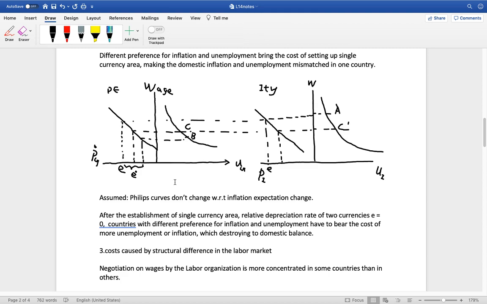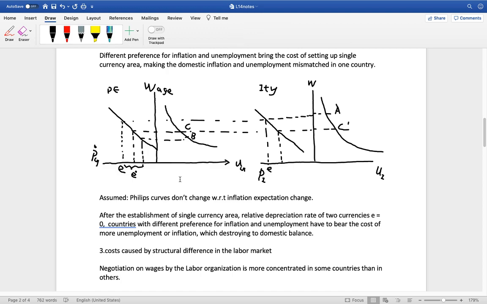So the inflation rates of Italy and Germany can be expressed by PI and PG, and W means the wage increase of the two countries, and that is the price difference.